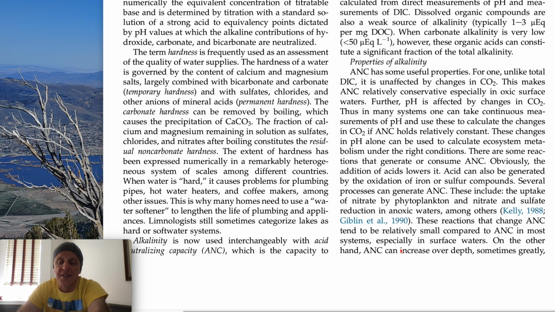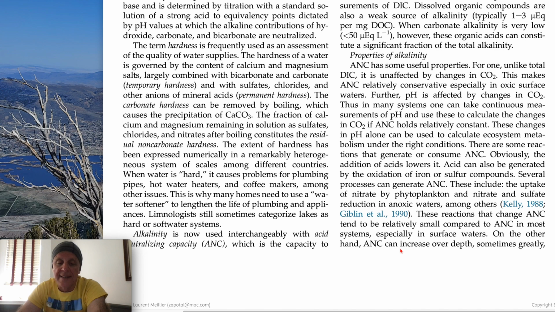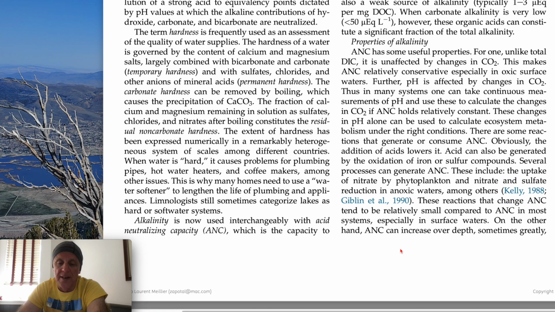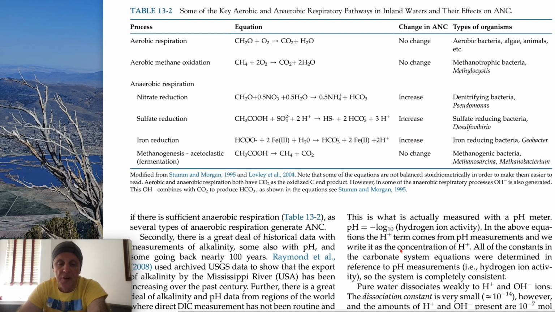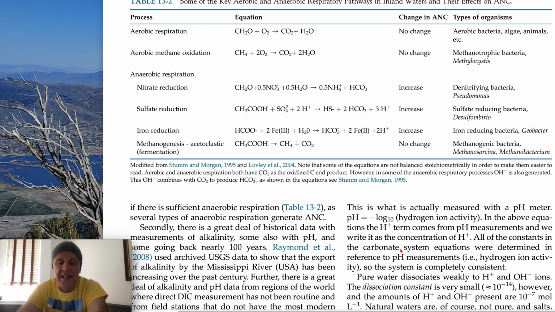These reactions that change ANC tend to be relatively small compared to ANC in most systems, especially in surface waters. On the other hand, ANC, which is once again acid neutralizing capacity, can increase over depth, sometimes greatly, if there is sufficient anaerobic respiration, as several types of anaerobic respiration generate ANC.